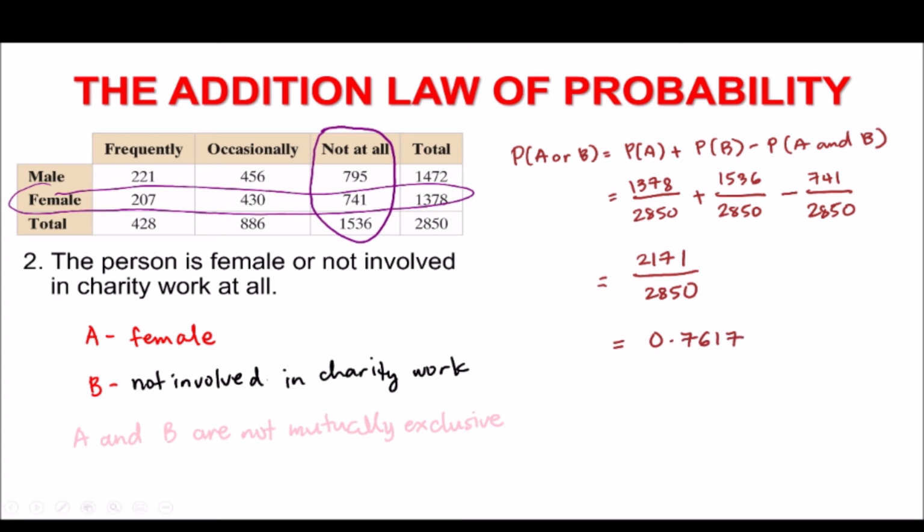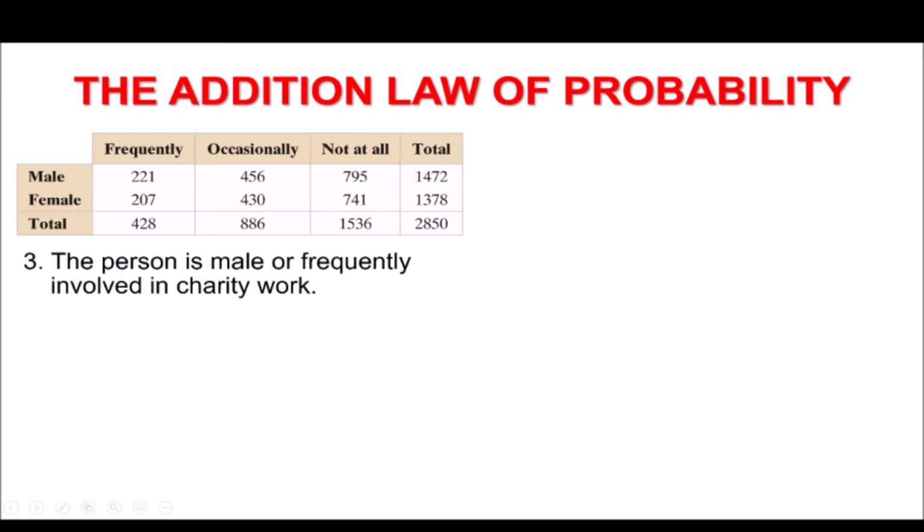So the probability that the person is female or not involved in charity work at all is 0.7617.